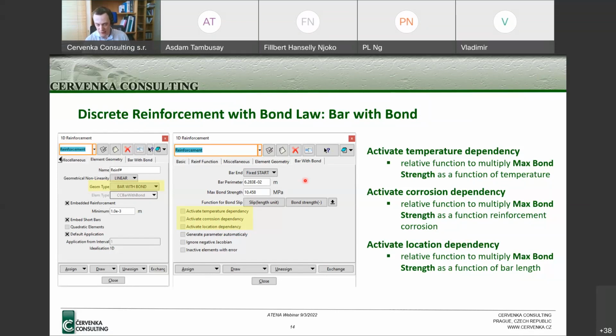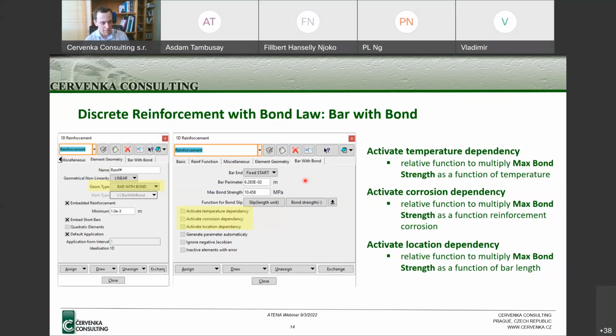Or for durability studies, as you know, in ATENA you can, for example, apply some chloride attack condition on your structure, or carbonation deterioration, which will induce corrosion of your reinforcement, and the bond strength can also be reduced as a function of the corrosion.